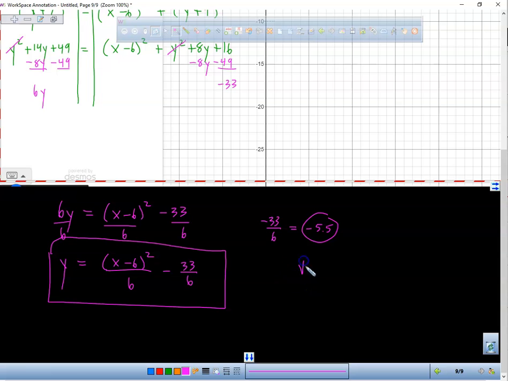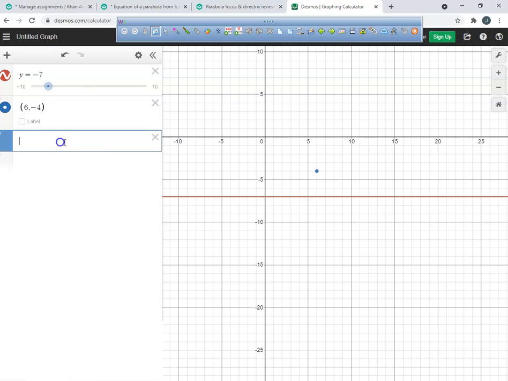By the way, what is our vertex going to be at? Our vertex is going to be at 6, comma, negative 5.5. That's where our vertex is going to be. Watch when I type it in. 6, comma, negative 5.5. Here we go.